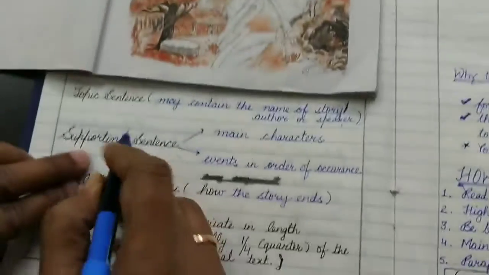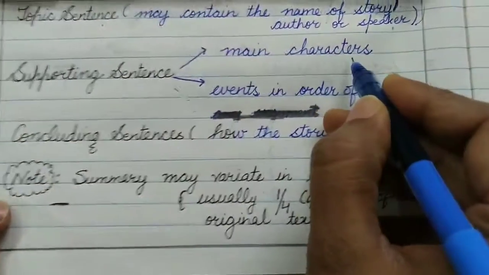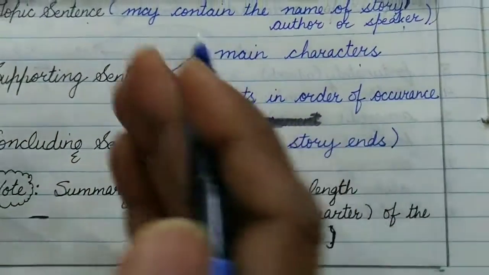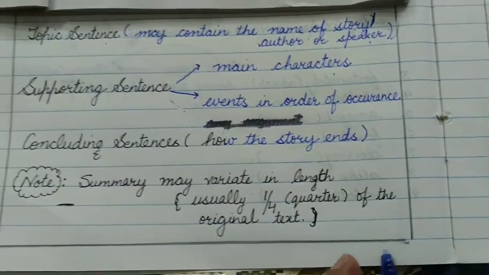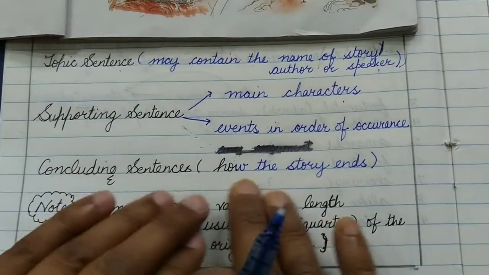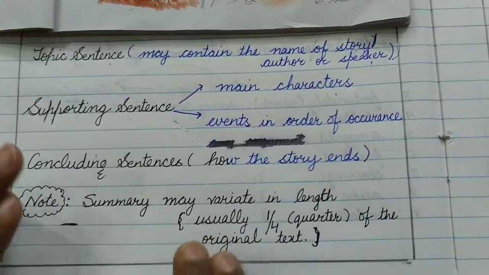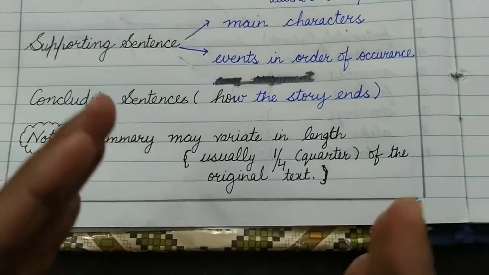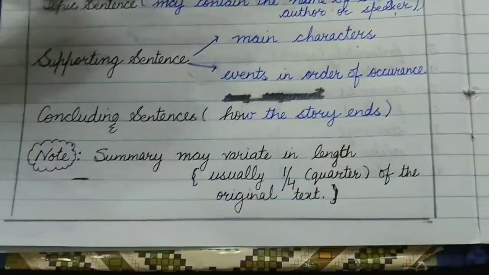Now supporting sentence. Supporting sentence means the main characters you can include. You have to just talk about the events in order of occurrence, leaving the minute details, just the main points. And then how the story ends. So, as I already told, you could summarize in just 3 to 5 lines or 4 lines, or you could write a page of it.